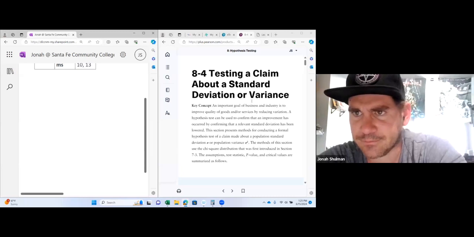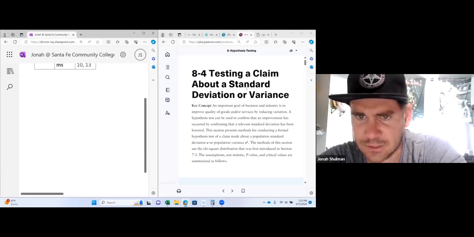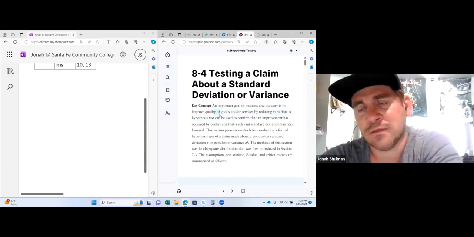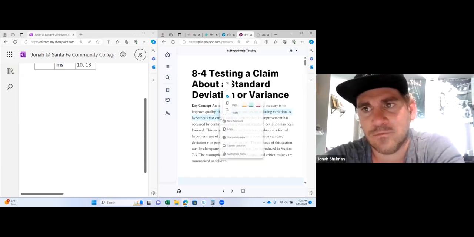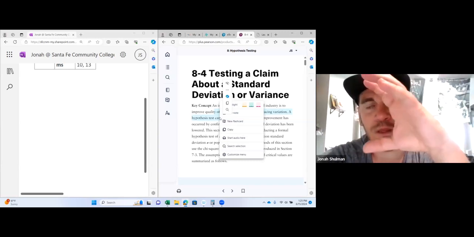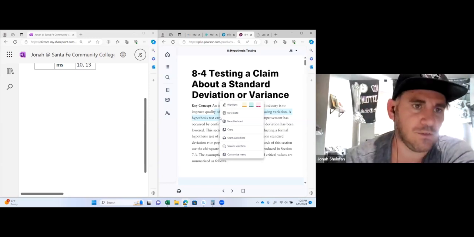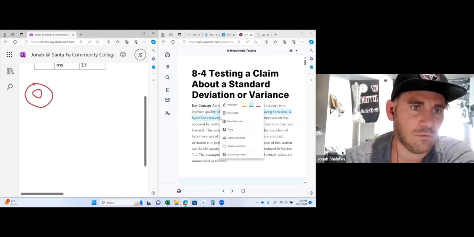Okay, they say what's done in business is to improve the quality of goods and service by reducing variation. That totally makes sense. If you remember the video that I have with the four dartboards, I can draw it real fast. Here are my 4 dartboards.